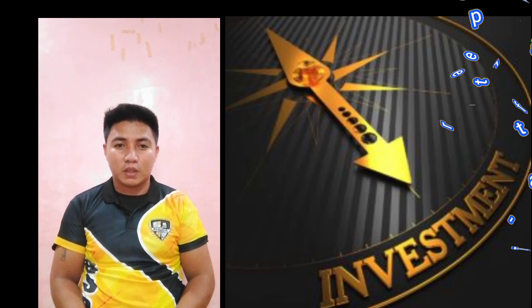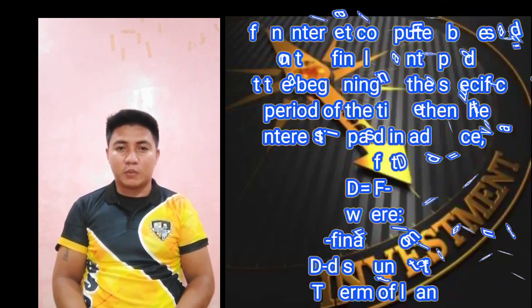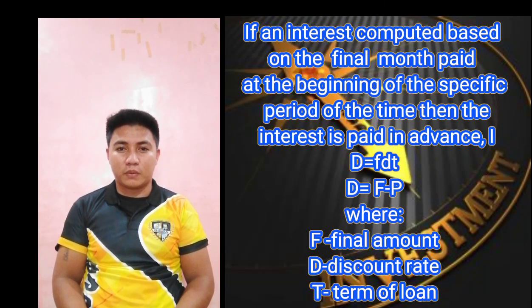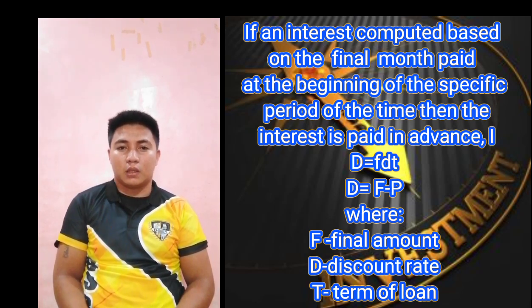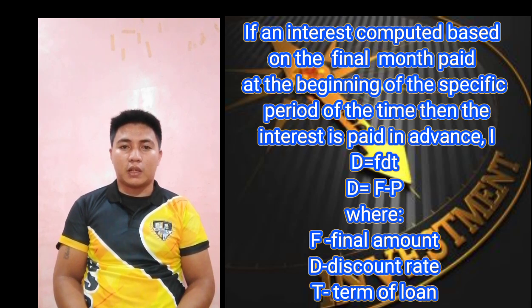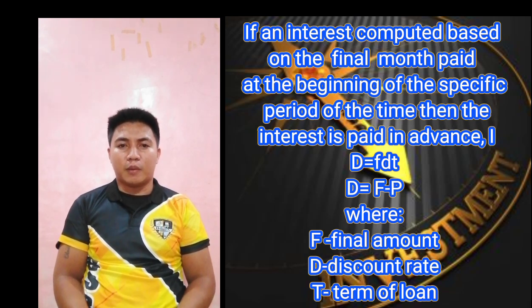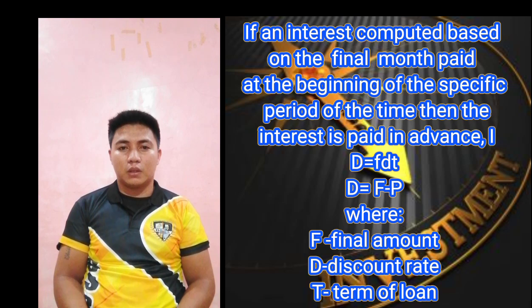Simple discount. If the interest is computed based on the final amount and paid at the beginning of a specific period of time, then the interest is paid in advance. The formulas are D equals F d t and D equals F minus P, where F is the final amount, d is the discount rate, and t is the term of the loan.